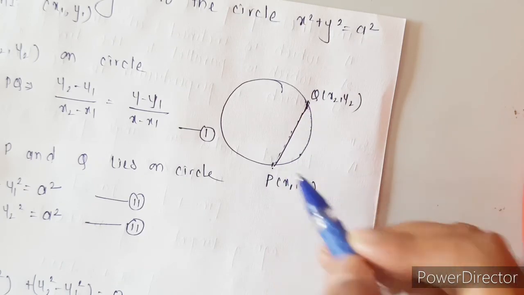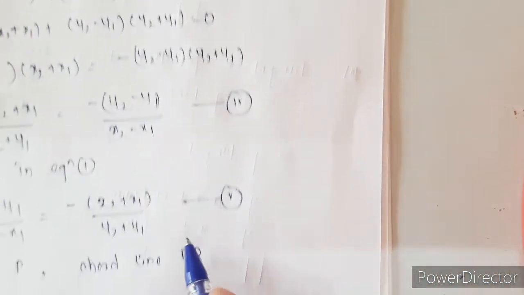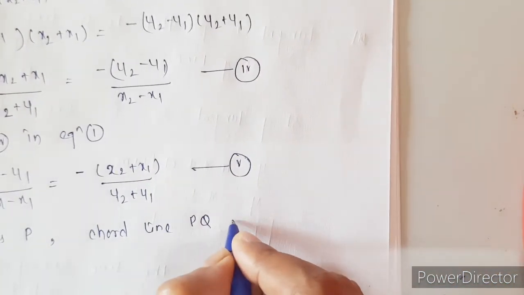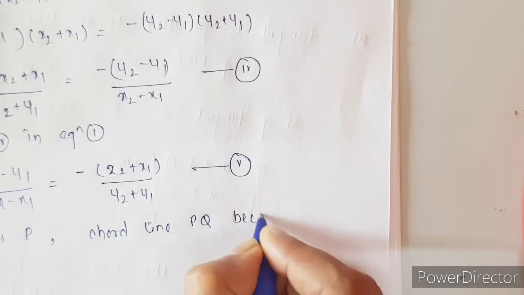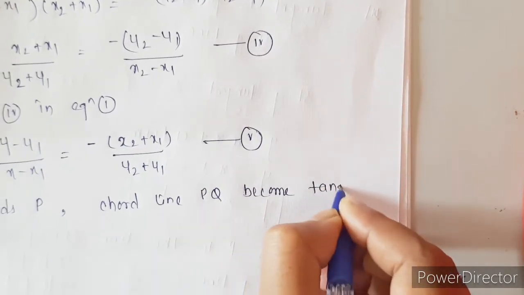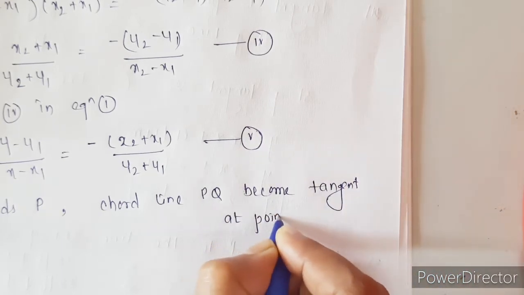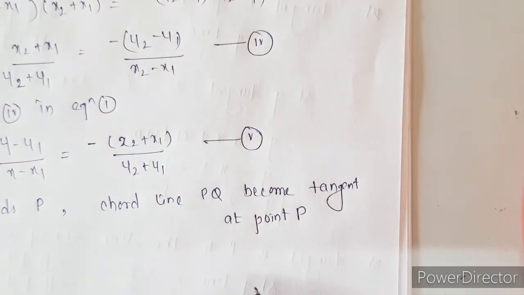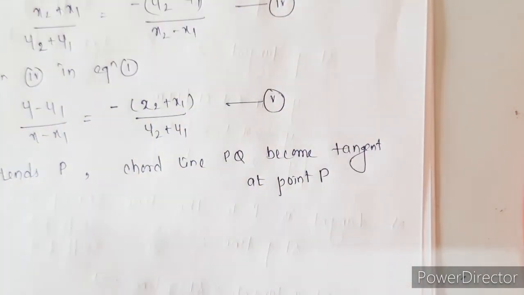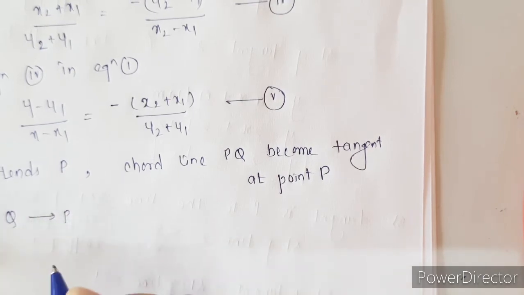And it will become a tangent at point P. So this chord line PQ will become the tangent at point P. So this Q is tending towards P.